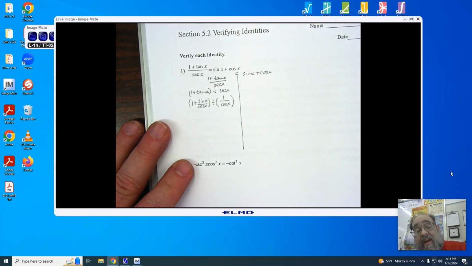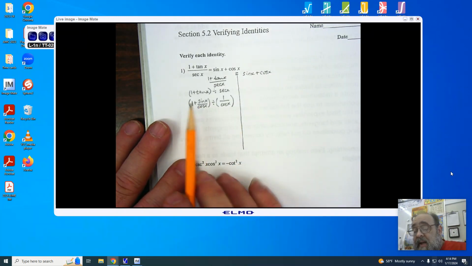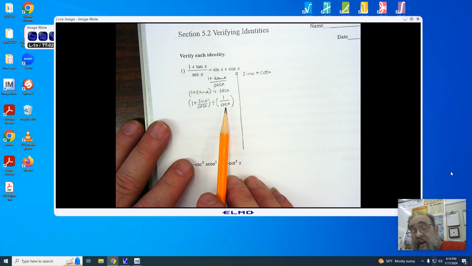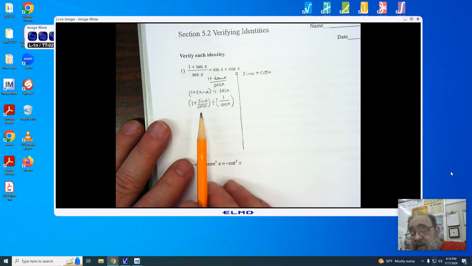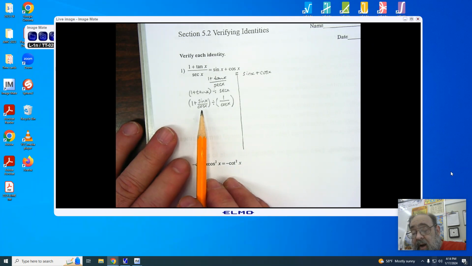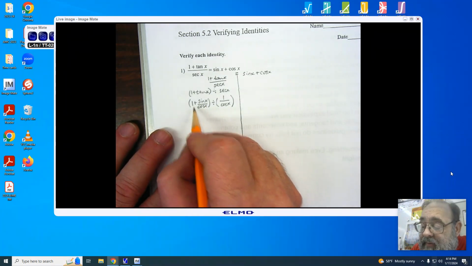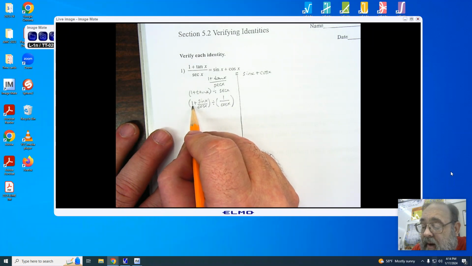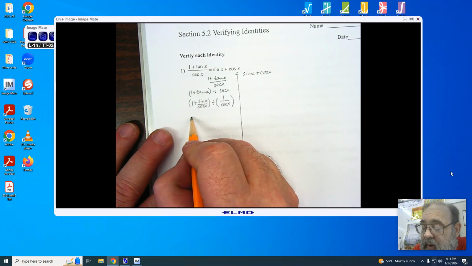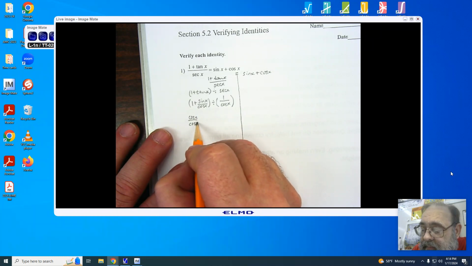So if I didn't have an idea of what to do, by separating the two and replacing the secant with 1 over cosine x, by taking away the tangent of x and turning it into sine of x over cosine of x, the next logical step is for me to get the common denominator. That means that I'm going to be adding 1, which is really cosine of x over cosine of x.